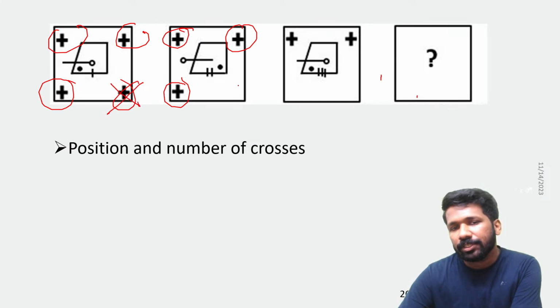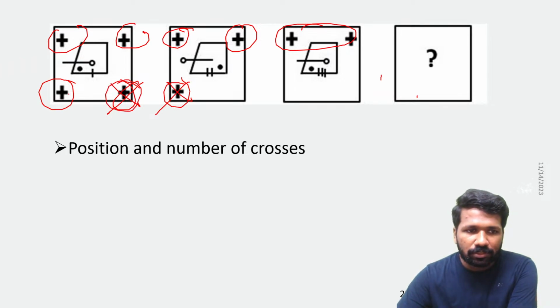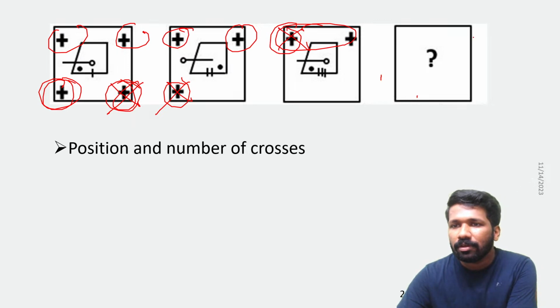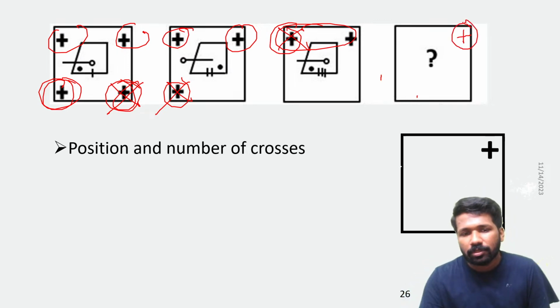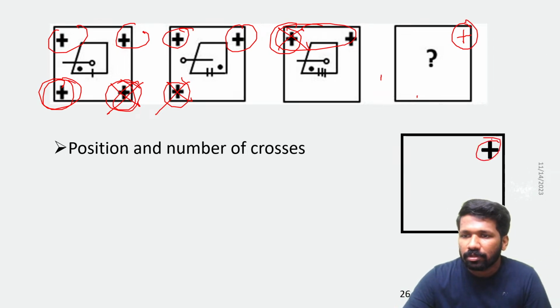This cross is vanished. Next image, 2 crosses only. That means this cross is vanished. So the crosses are vanishing in a clockwise fashion. From this to here, then this should be vanished. So this will only remain. All of you understood that in the missing image the cross should be here.